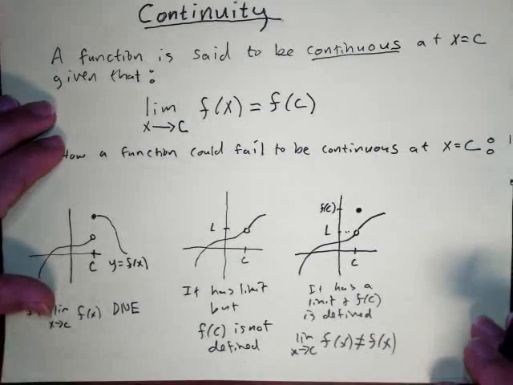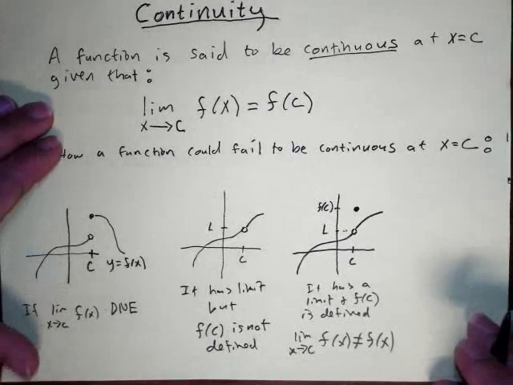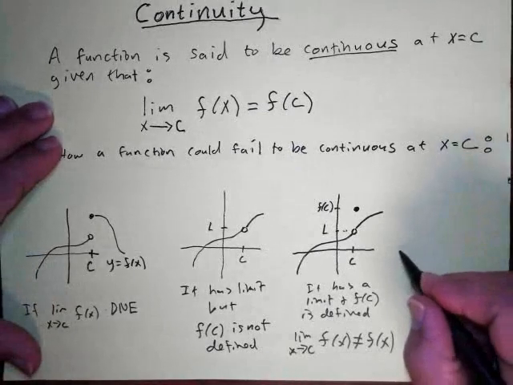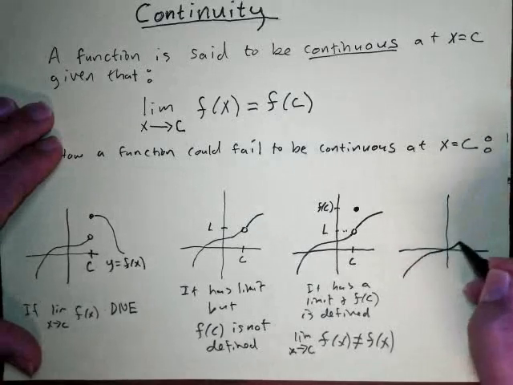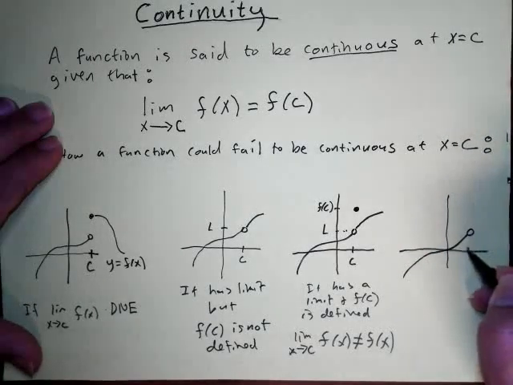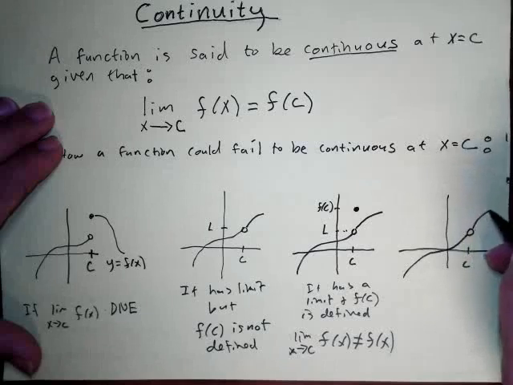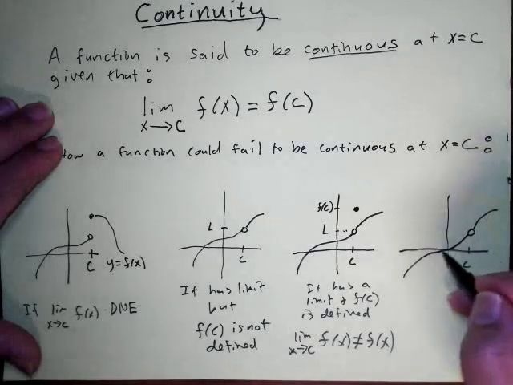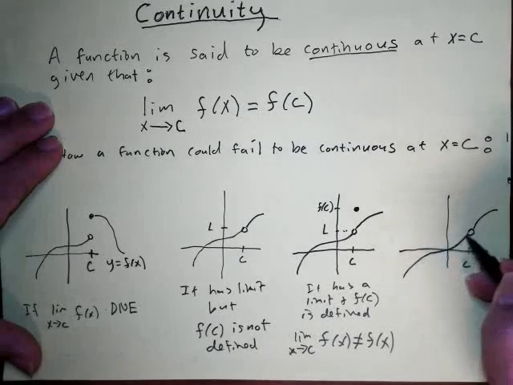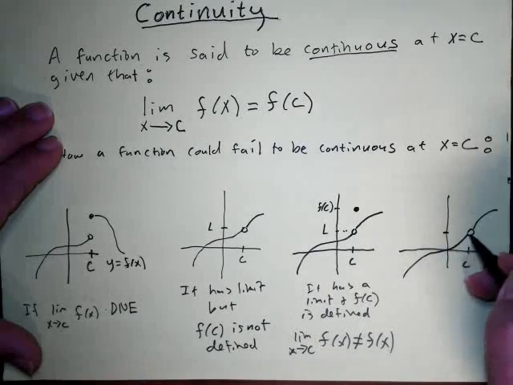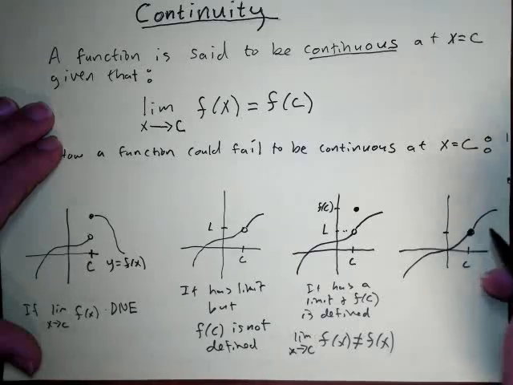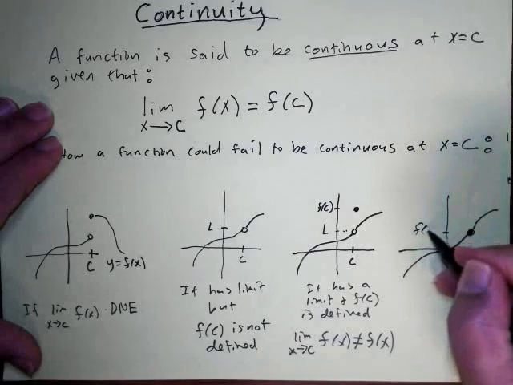Okay? And so what does it mean then for the function to be continuous at c? Well, it means that the function here at c, right, that it has a limit as you approach c, but the function is also defined at that point where the limit is.